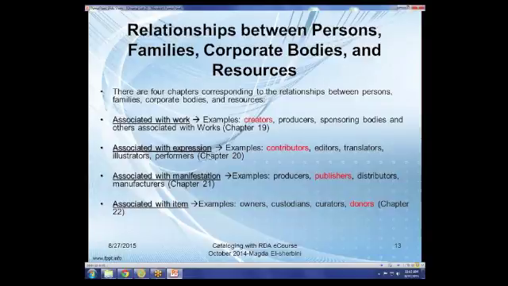So these are then some of the different roles that you may see in a 700 field. The ones that we saw were relationships between creators and the work they created. However, the 700 field is also used to record contributors to an expression, such as editors, translators.